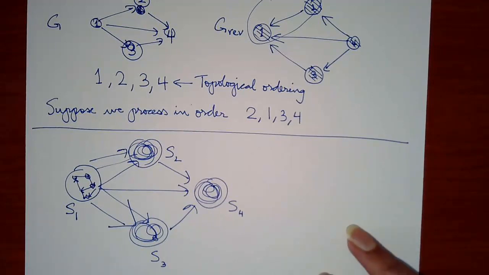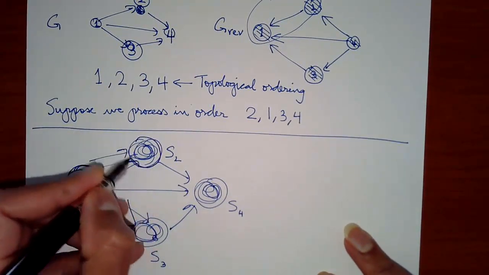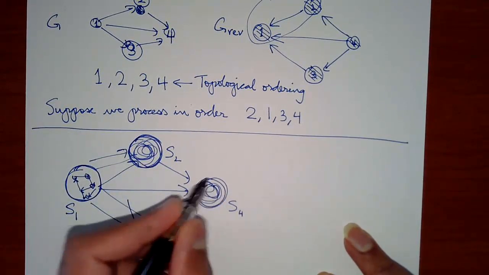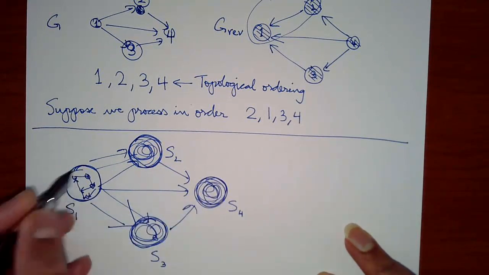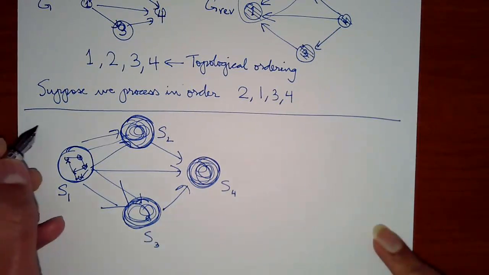I hope this picture makes sense. Each of S1, S2, S3, and S4 is a strongly connected component, and within each of these there are cycles, otherwise this is a DAG. Now let's try to understand what happens in the algorithm. So this is G.